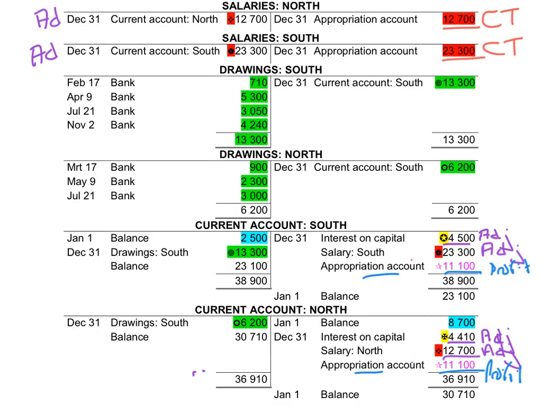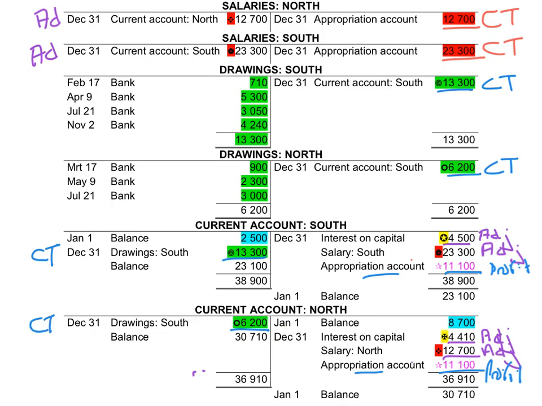So the drawings account of South will be credited. This is a closing transfer, and it will be debited in the current account of South to complete the closing transfer. The drawings account of North will be credited to close the account and to transfer it to the debit side of the current account.